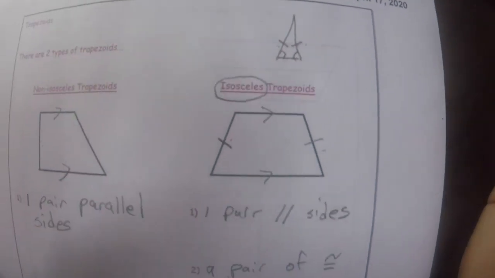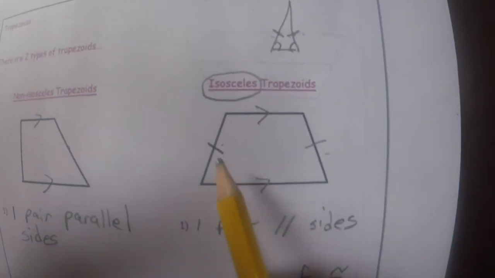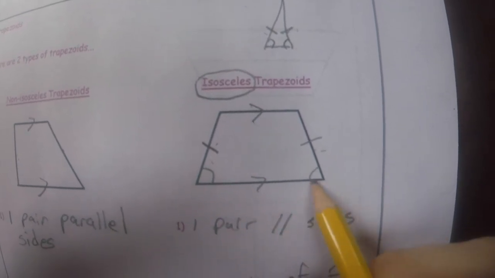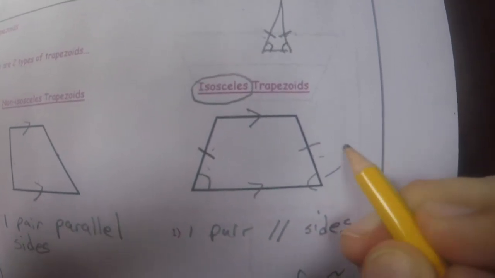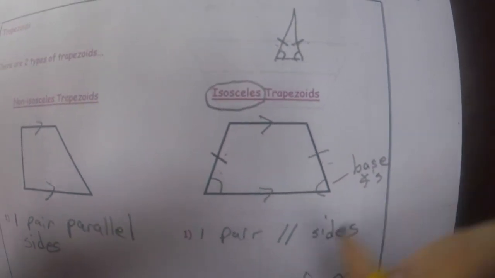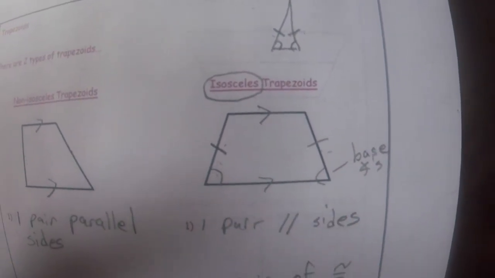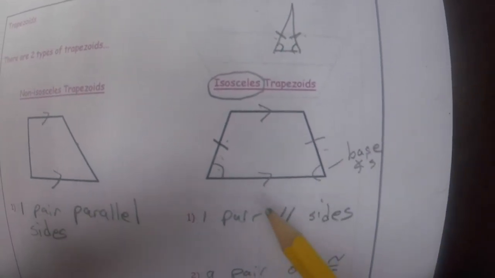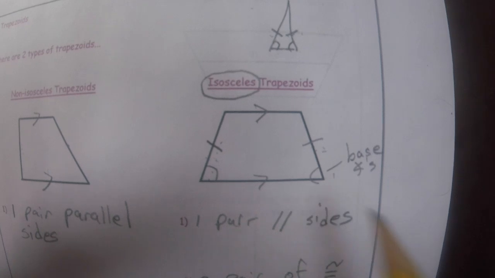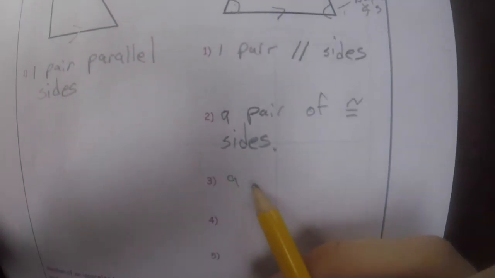The same thing goes for isosceles trapezoids. If these two sides are congruent here and here, that means these two angles, which I know all of you remember are called the base angles, these two angles are congruent also. So an isosceles trapezoid, just like a triangle, has a pair of congruent sides, and it has a pair of congruent angles as well.